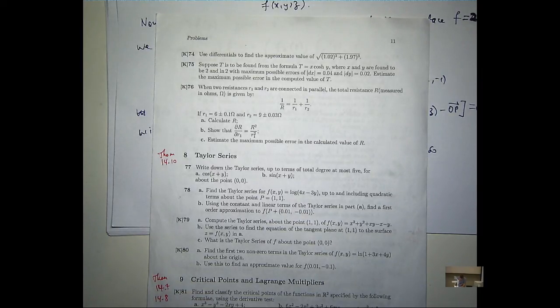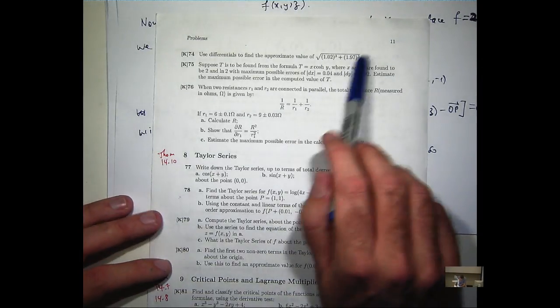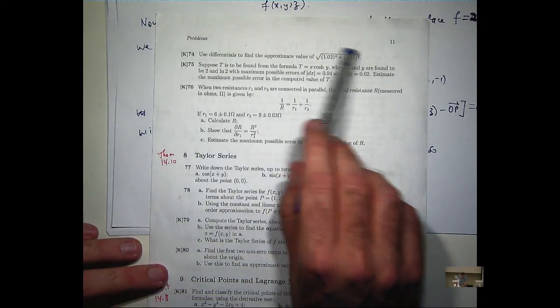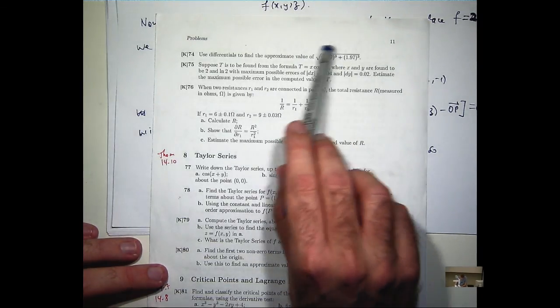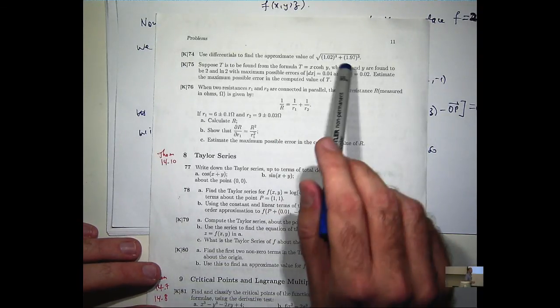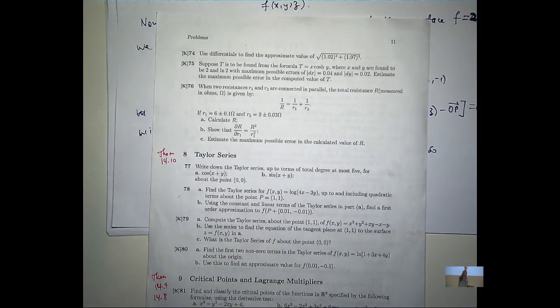Okay. 74 is a good one to do because it's sort of a little bit dissimilar. Let's say we want to approximate this value. What do we know that this value should be? It's the square root of 1.02 cubed plus 1.97 squared. What do you think it should kind of be?